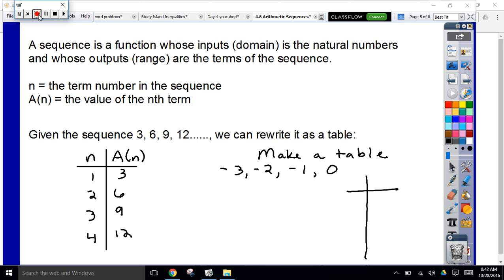N and then A of n. Good. Okay, what numbers am I going to put in the left, Hannah? 1, 2, 3, 4. Good. And then what numbers will I put on the right, Gabby? Good. Okay, good. You guys get the gist of that.